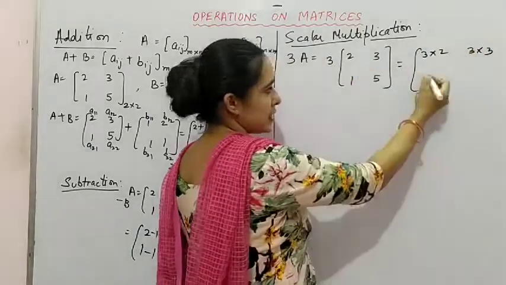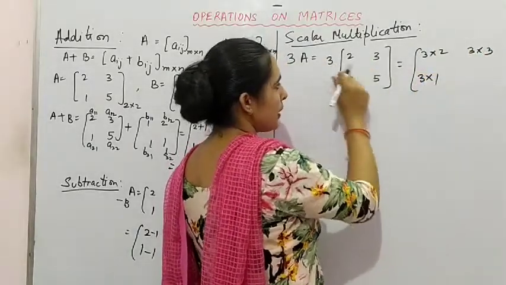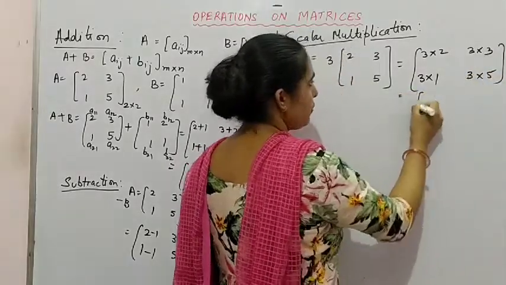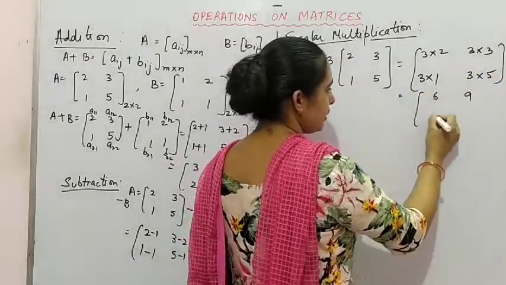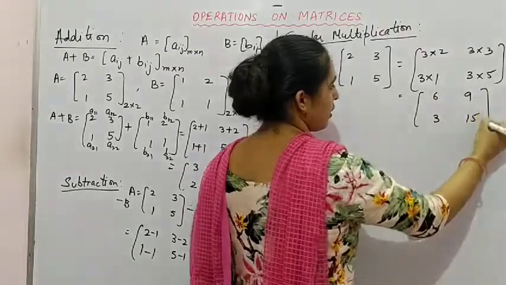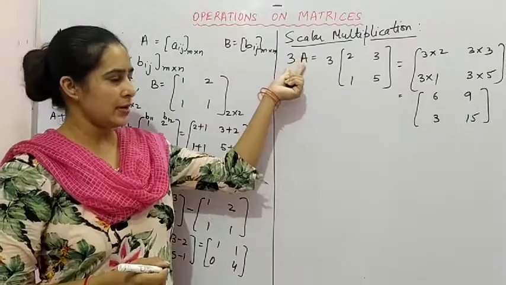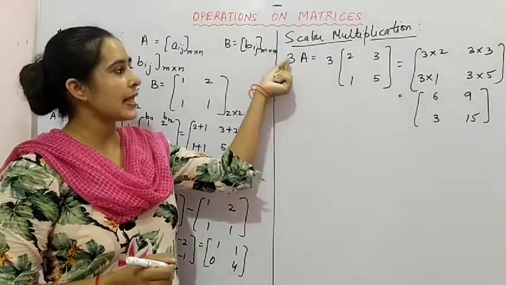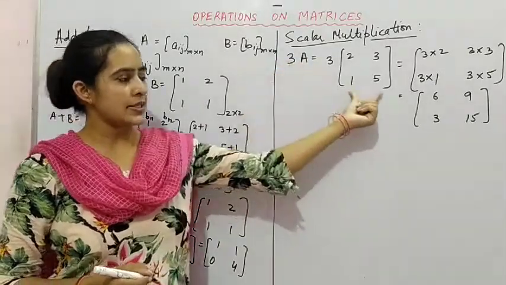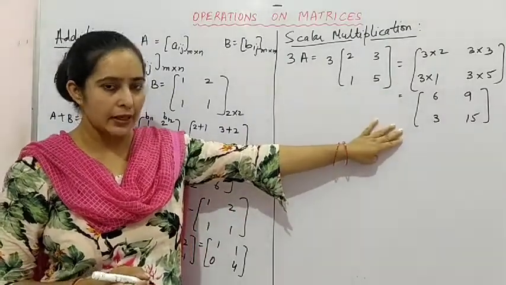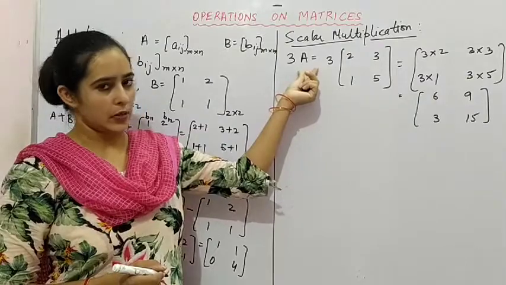Multiply 3 with this element also. Multiply 3 with 5 also. So we have 6, 9, 3, 15. This is your answer of 3A. 3A means we are multiplying the scalar 3 with matrix A. This is how you can multiply a scalar with a matrix.